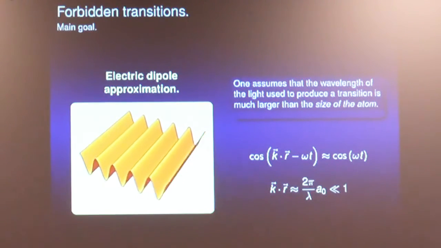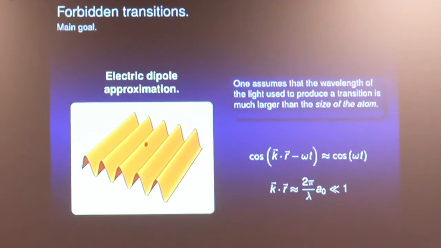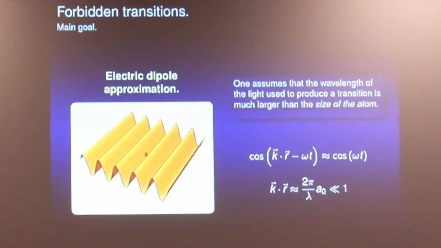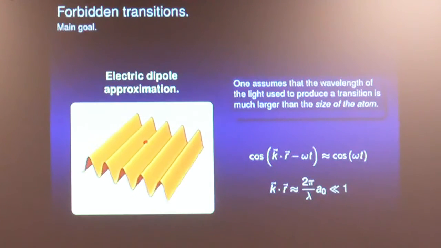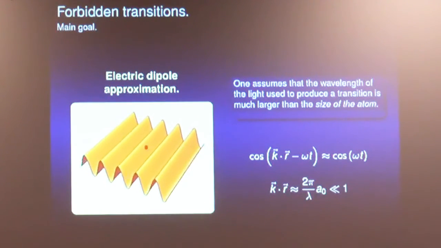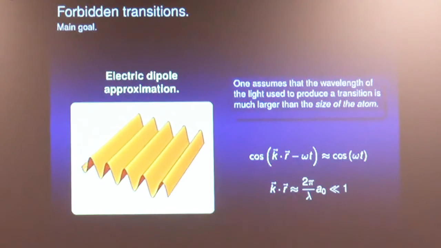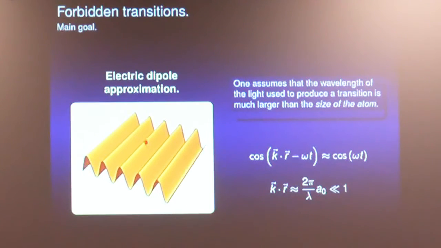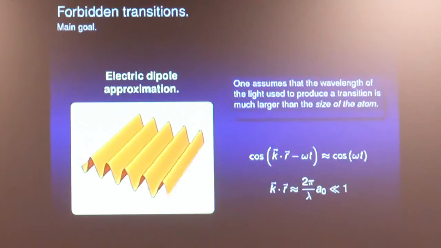Essentially, it just goes up and down, and that allows us to replace cosine of k dot r minus omega t with cosine of omega t in the Hamiltonian that describes this interaction, because the term k dot r is certainly much smaller than 1.